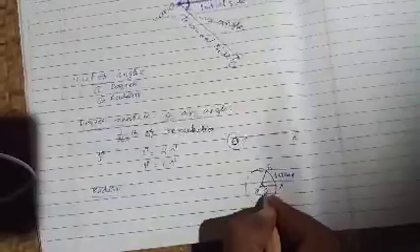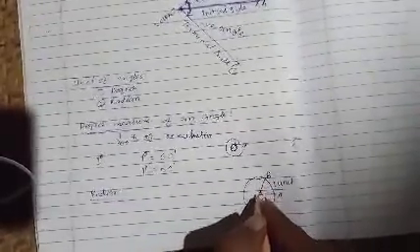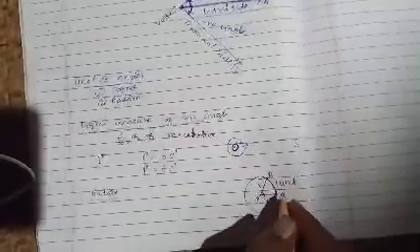Suppose here OA is a radius of 1 unit and OB is also a radius of length 1 unit, and AB is an arc of unit length.